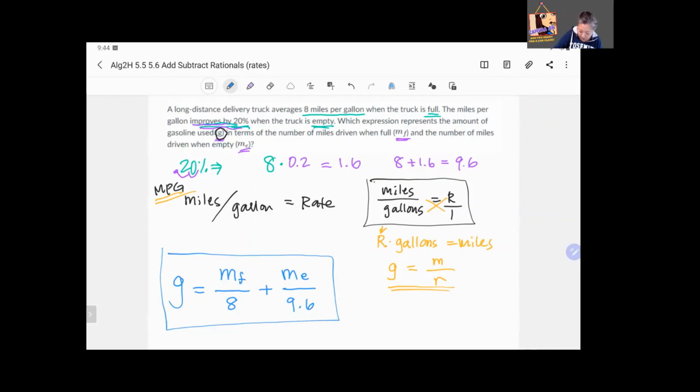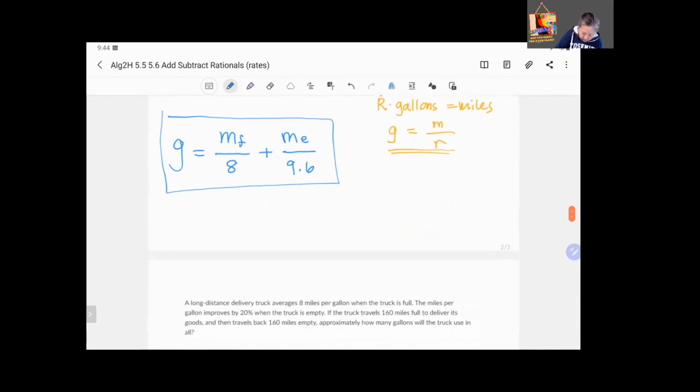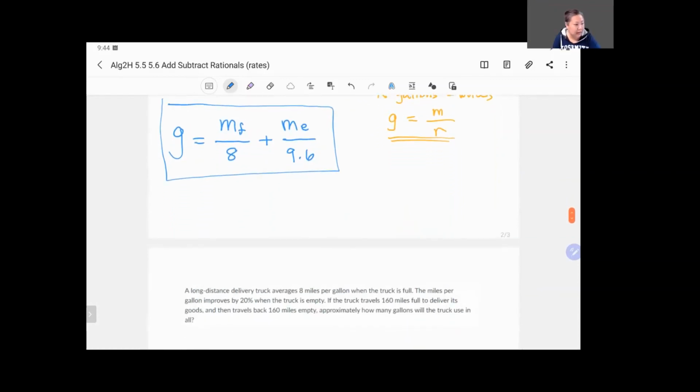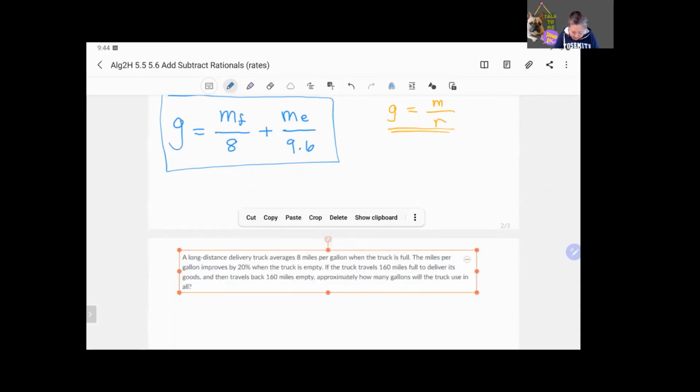Okay, if not, I'm moving on. With this model, the next related question is about the same situation, so we can use these models.